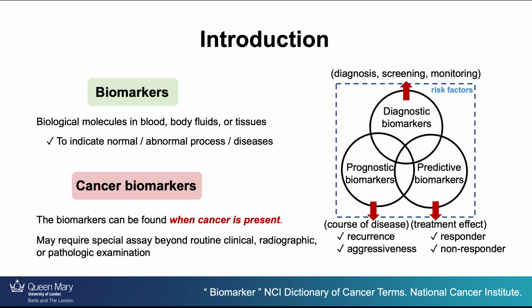Prognostic biomarkers indicate the natural course of disease in terms of cancer, determining tumor recurrence and aggressiveness. Finally, predictive biomarkers are for evaluating the treatment effect on a particular cancer. These can predict whether the patient will subsequently respond or not respond to the treatment.